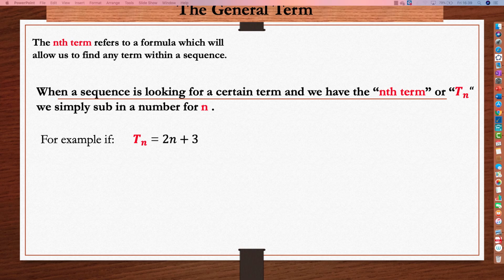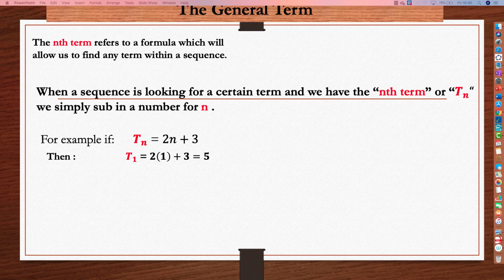Now, the handy thing about this rule is it allows you to find any number in the sequence. So, anyone know what T1, the first term of the sequence, might be? Tn is only equal to 1, so n is 1 this time. 2 times 1 plus 3 is 5.